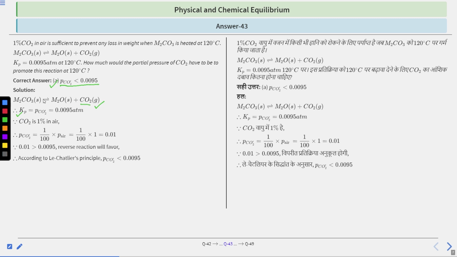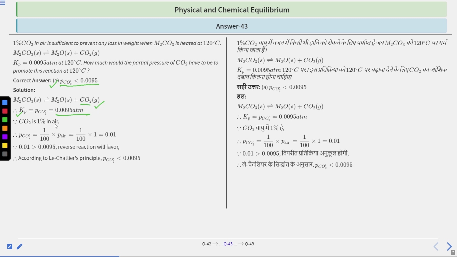The rest of the reactant and product are in solid form, so their partial pressure we take as 1. So Kp equals the partial pressure of CO2, and Kp we know is given as 0.0095 atmosphere.